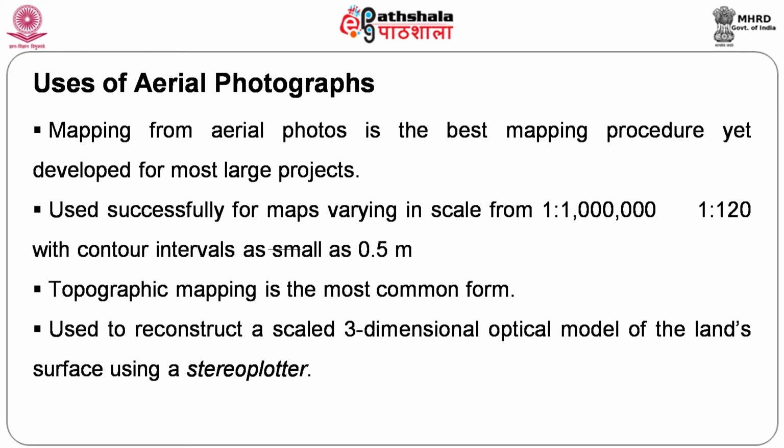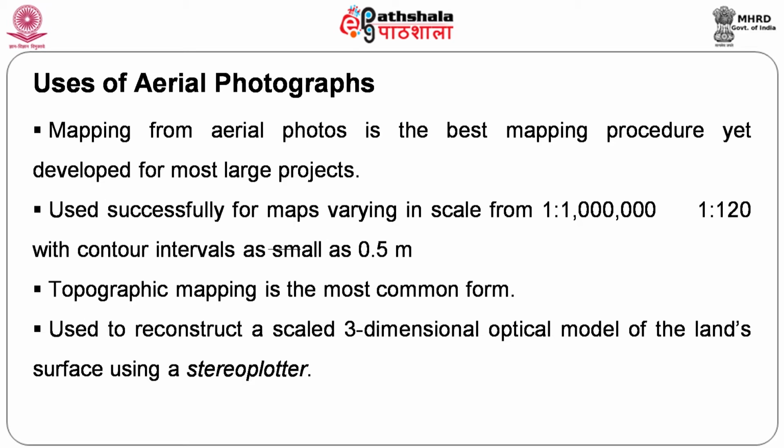So, then I will have to rectify the data in such a way that I will be seeing the aerial photograph in a similar way to a corrected satellite image. In a satellite image, as I told you, you can always get the detail of area and distances. Similarly, in this context also we will be doing the same thing. Now, for a long time aerial photographs were being used for various purposes, and you can see the range of scale is 1 million to 120.